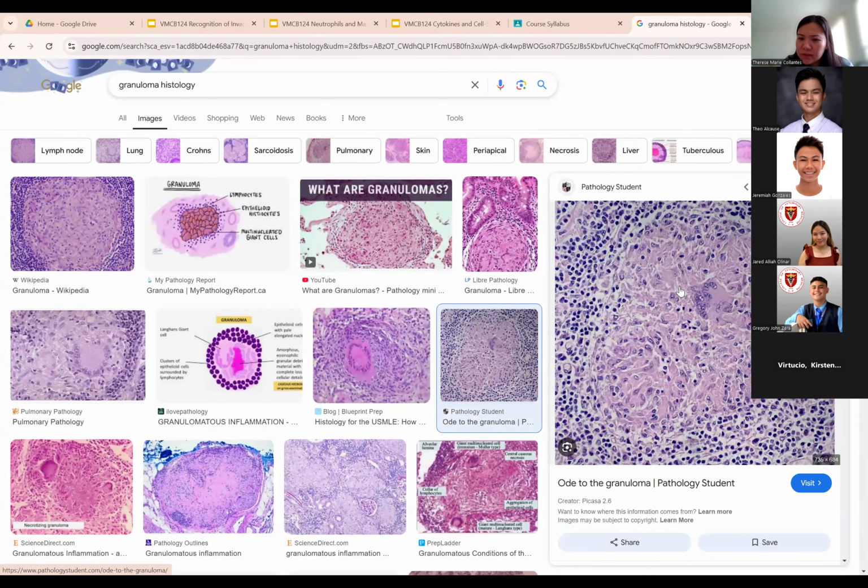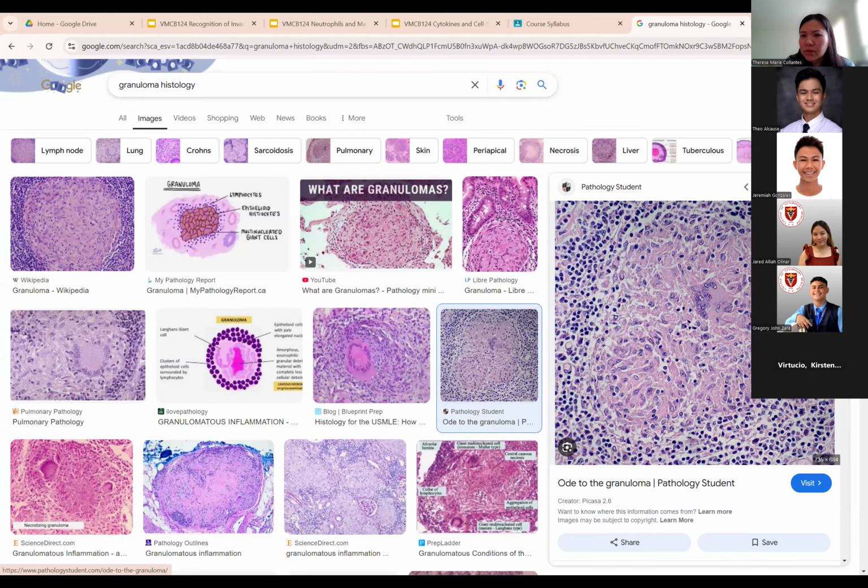So at the center of the granuloma, it looks like a nodule. Here we see various cell types, but mostly this will be made up of your macrophages. You see some endothelial cells here, and then some lymphocytes as well, granulocytes.